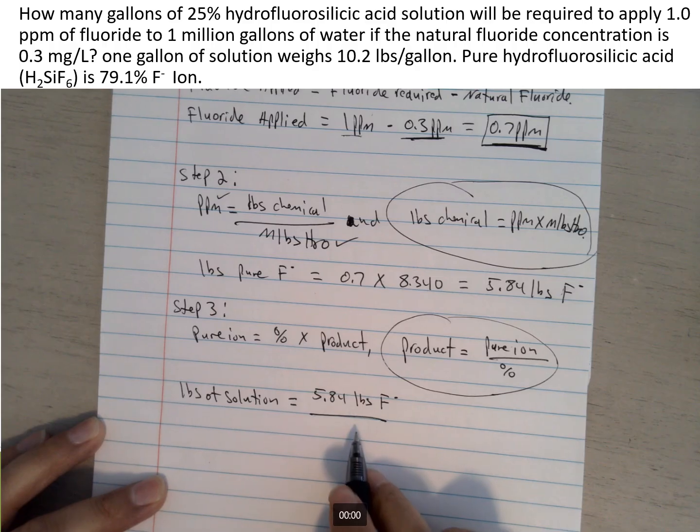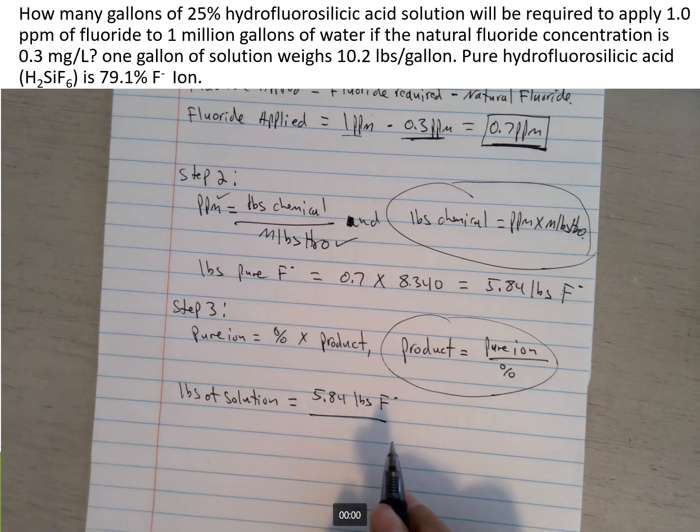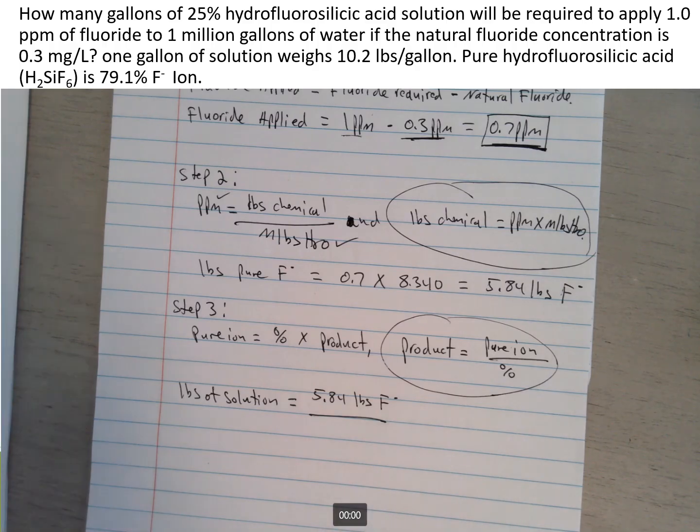In this case, however, the percentage is a little different because it doesn't give us a percentage of pure fluoride ion in the hydrofluorosilicic acid solution. It gives us the percentage of hydrofluorosilicic acid in the solution, and then the percentage of fluoride in the hydrofluorosilicic acid molecule itself.